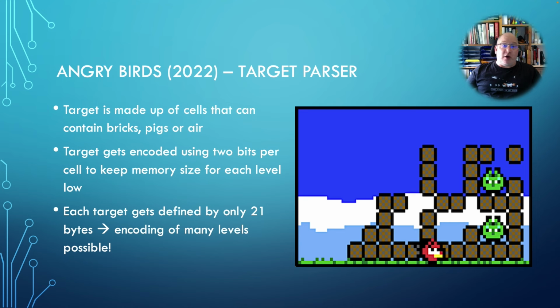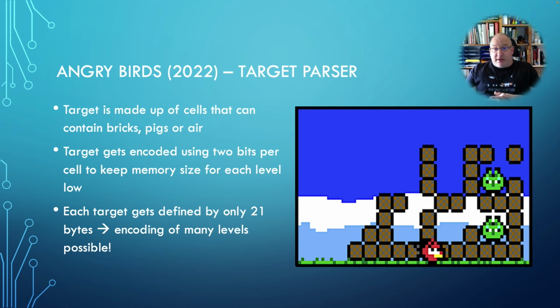In order to accomplish 25 different levels, which means we have more or less complicated targets for the birds with pigs that protect each other with building bricks around them, we had to think about how we can code this nice and small. Each target is made up of cells. We have 13 cells in X direction and 7 cells in Y direction, and a cell can contain a brick, a pig, or be plain air.